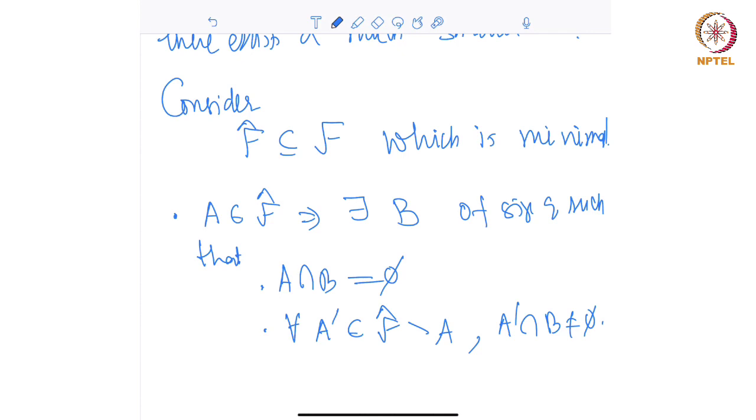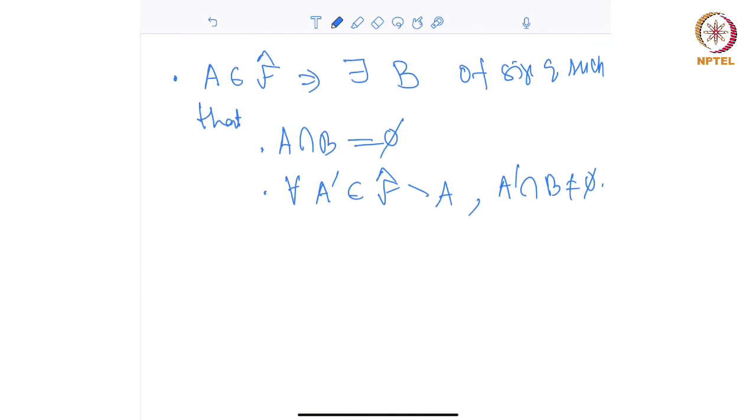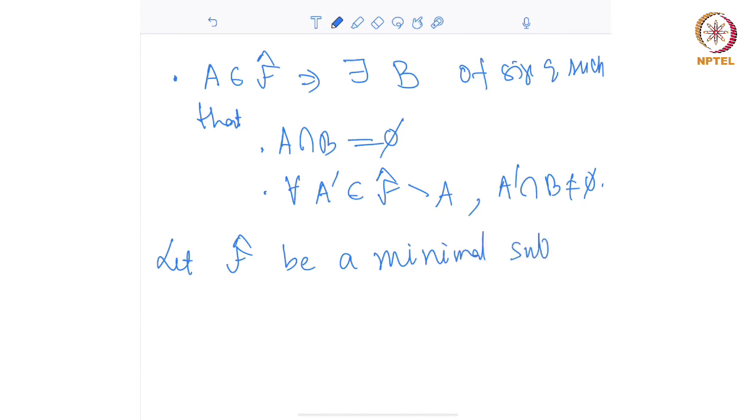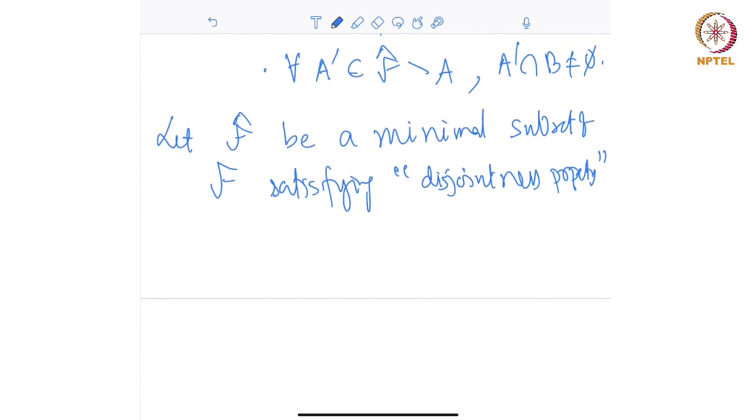So let's consider, suppose F hat is a minimal subset of F satisfying the disjointness property. Minimal subset of this.